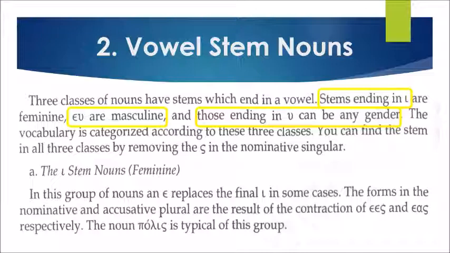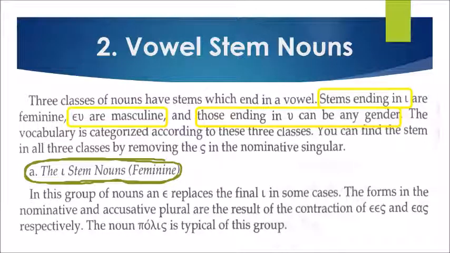Let's take a look at the iota stem nouns. They are feminine. In this group of nouns, an epsilon replaces the final iota in some cases, as you will see later. The forms in the nominative and accusative plural are the result of the contraction of epsilon-epsilon-sigma and epsilon-alpha-sigma, respectively.